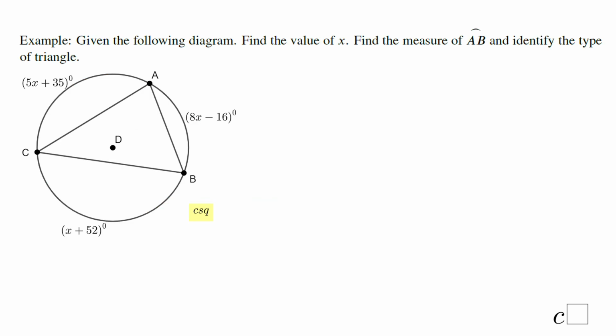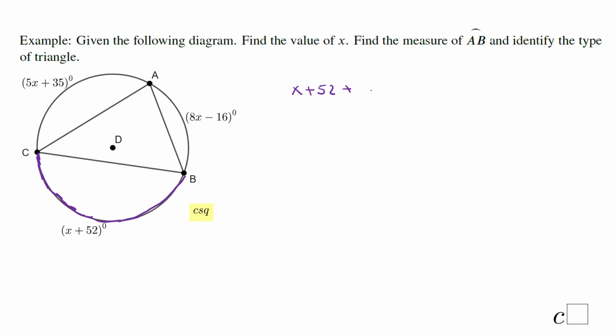In the very next example, you notice we have only expressions, so that will be a little bit interesting. However, let's take a look at what these expressions represent. Let's say the first one, x plus 52, is this arc. Let me write it here.